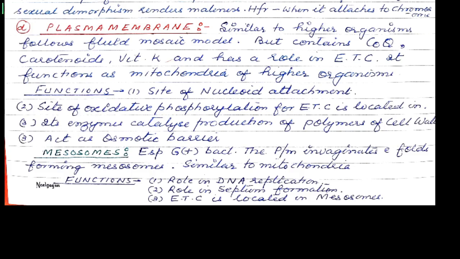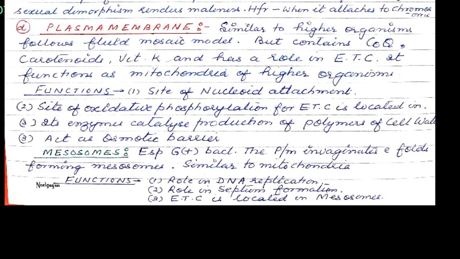The plasma membrane is the site of oxidative phosphorylation because it contains the enzymes for the electron transport chain. Its enzymes catalyze production of polymers of the cell wall. That means it is important in formation of the cell wall. The plasma membrane also acts as an osmotic barrier along with the cell wall.